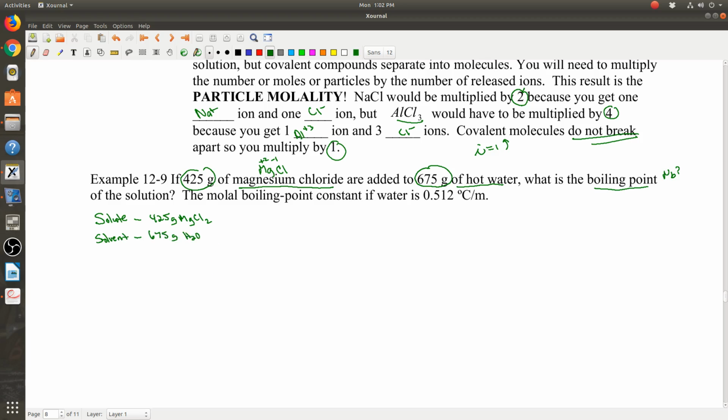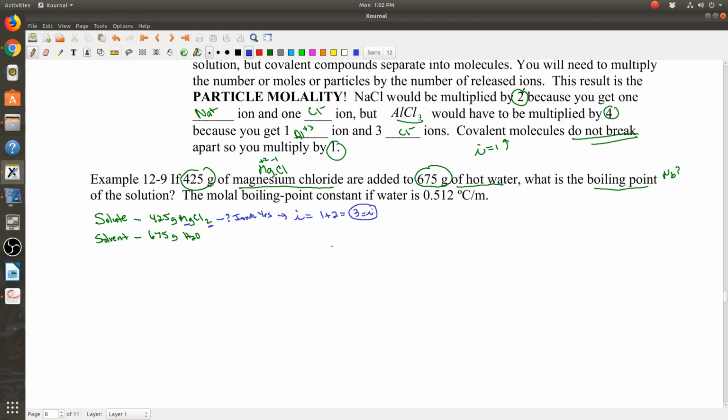Okay, so we have to figure out what to do in order to figure out molality. Molality is what's used in this formula. First of all, this is the solute. It's ionic, so we have to ask, is it ionic? Yes. So what is the i value then? Well, 1 magnesium, 2 chlorines. 1 plus 2 is 3. 3 is the i.